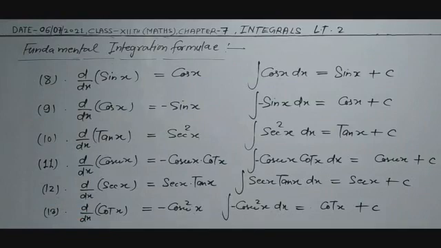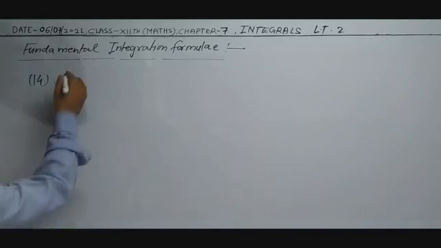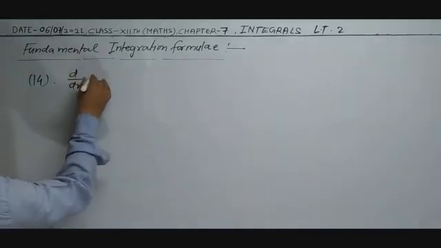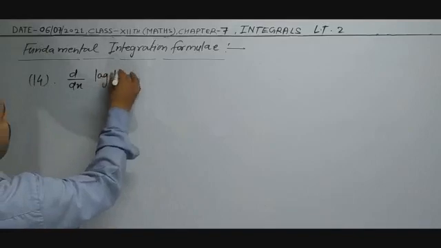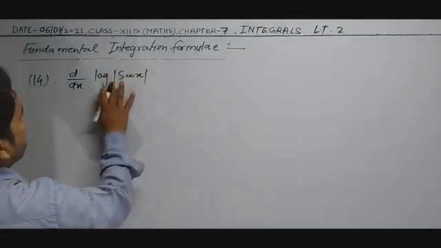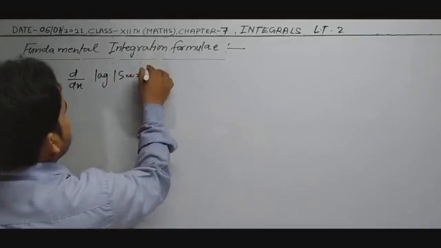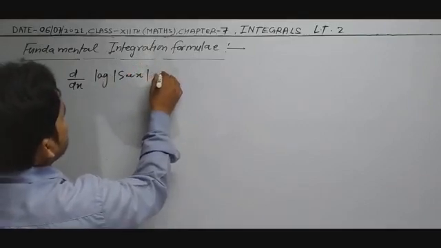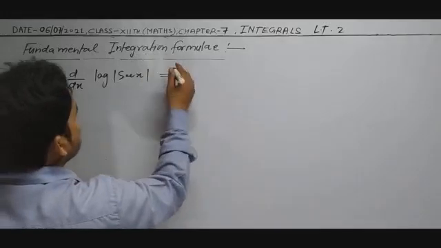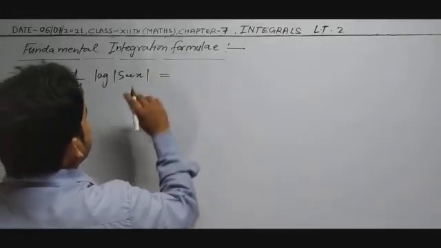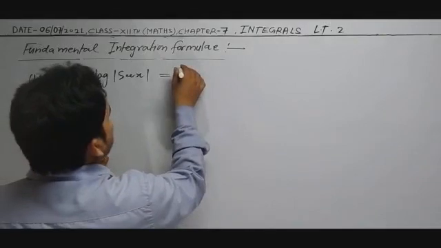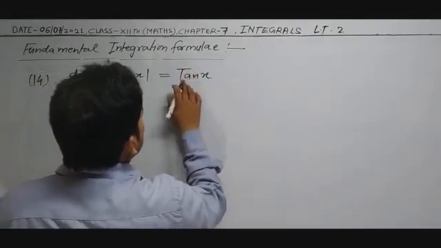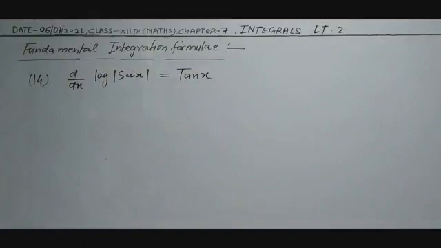Now come to formula number 14. Formula number 14 is d by dx of log of mod of sec x. Its result is tan x.